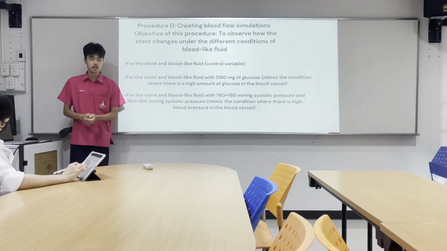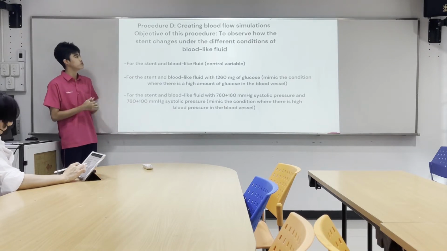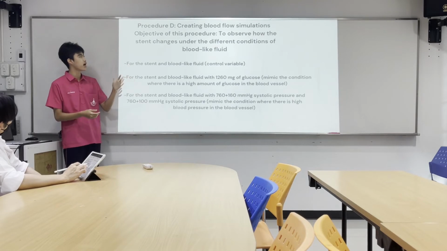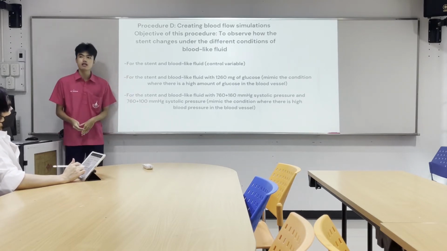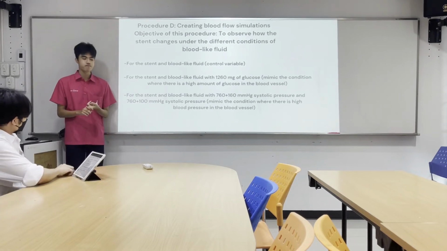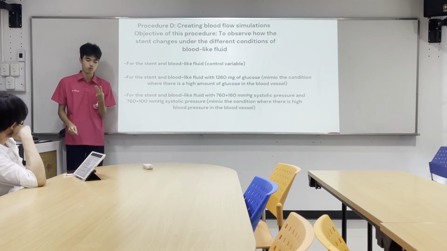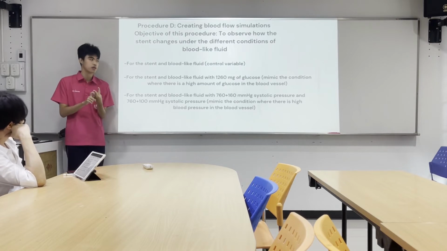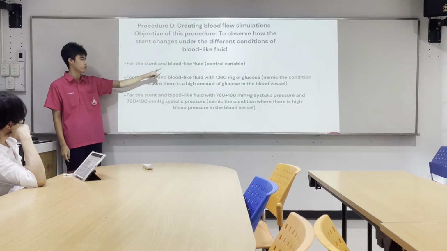Okay. Procedure D is our last procedure. We have to create a blood-like fluid simulation and also the ability to observe how the stent changes under different concentrations of blood-like fluid. As I mentioned earlier in the introduction, we will mimic three patients: one with diabetes, one with hypertension, and one normal person. The normal person is the control for the stent and blood-like fluid.